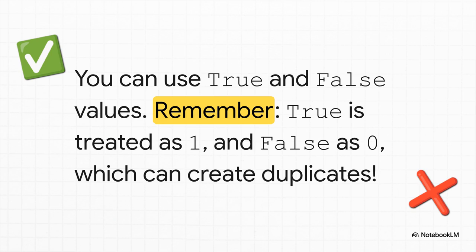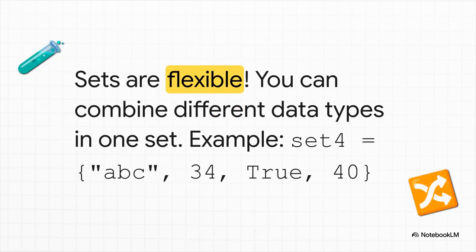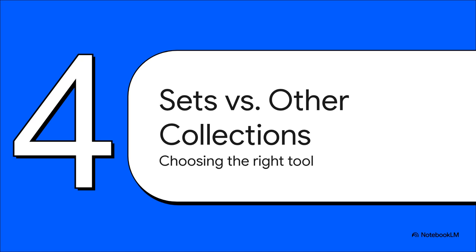Python actually treats the value true as the number 1 and false as 0. So if you already have the number 1 in your set, you can't add true, because Python thinks it's a duplicate. And the best part is, you don't have to choose. Sets are super flexible. You can mix strings, numbers, and booleans all together in one single set, no problem at all. It just works.